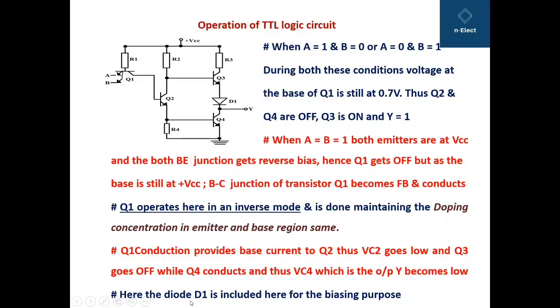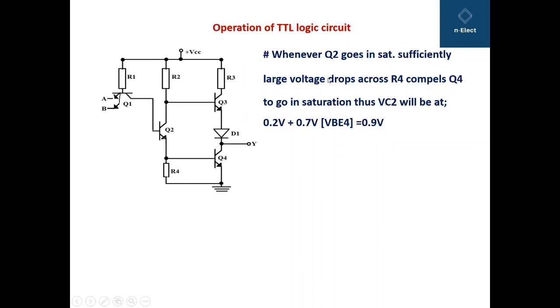Here the diode D1 is included for the biasing purpose. We will see how this diode is working here for the biasing purpose. Now whenever Q2 goes in saturation, there is a sufficiently large voltage drop across this R4 resistor, which compels Q4 to go in saturation.